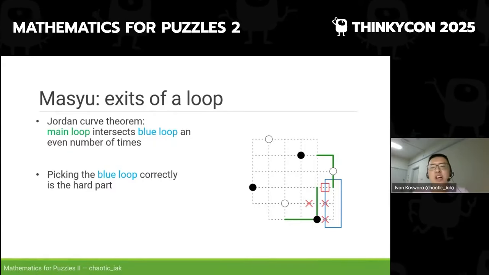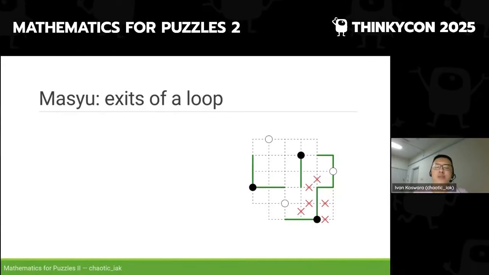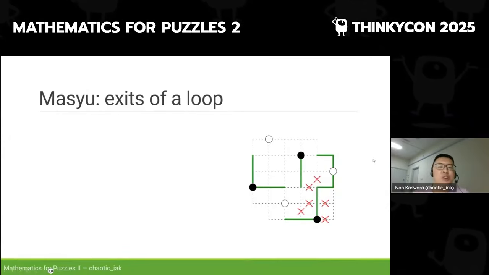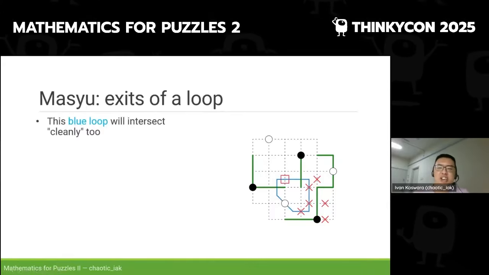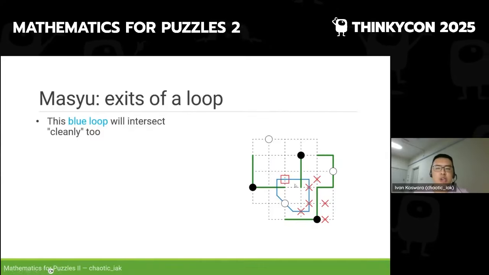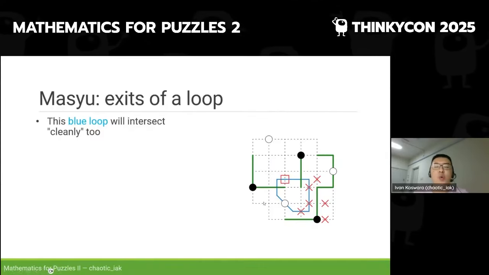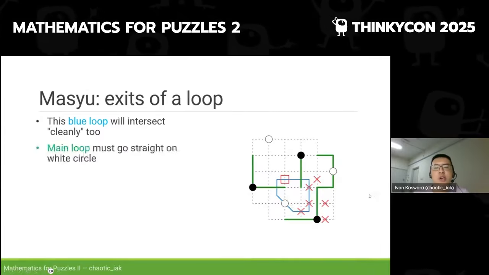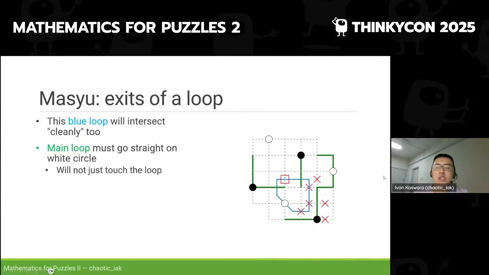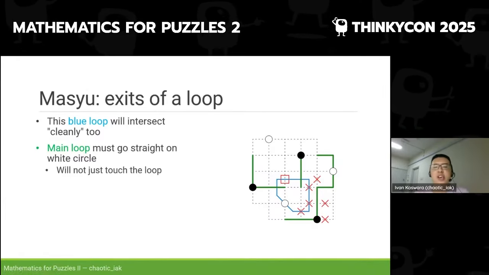For example, here, if you continue with this puzzle, you might end up with something like this. Now you can draw this blue loop, which will intersect cleanly. We have one intersection, and then here, this is a white circle. Remember, the main loop is going to go straight through this white circle. In other words, it will not just touch the loop, it will intersect the loop.